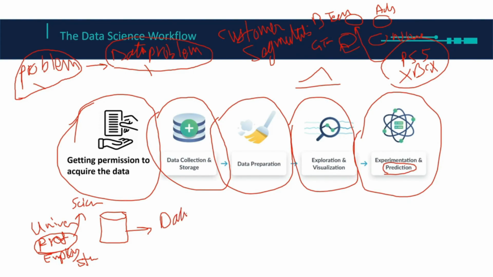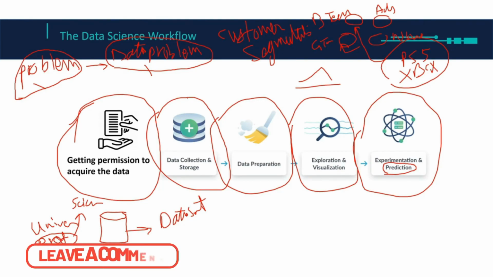A data set is like a subset of a database. Okay, if I want only the students, then that will be a student data set, which is a subset from the big large database, and so on. So they're either going to give me access to their database and I can extract whatever data I want, or most of the time they're going to give me a data set with the features that I want.